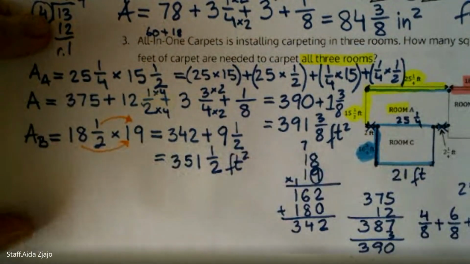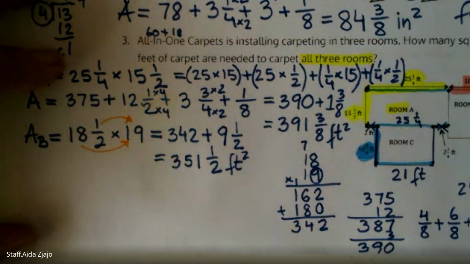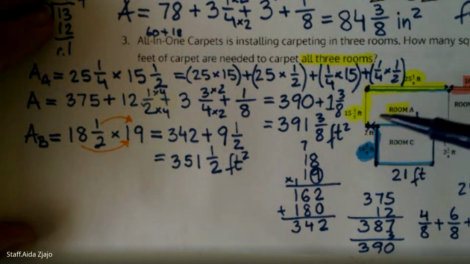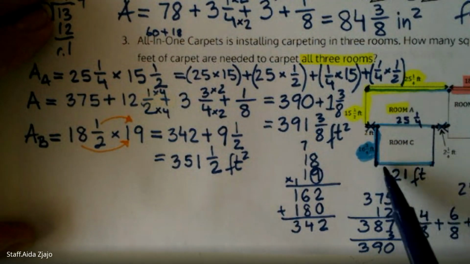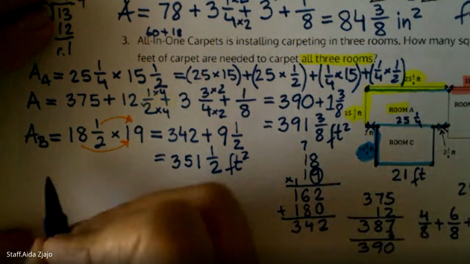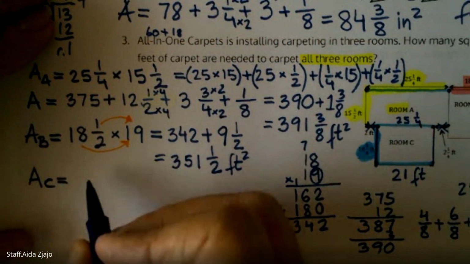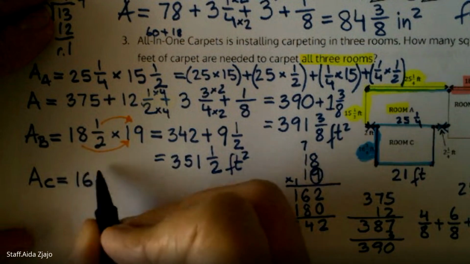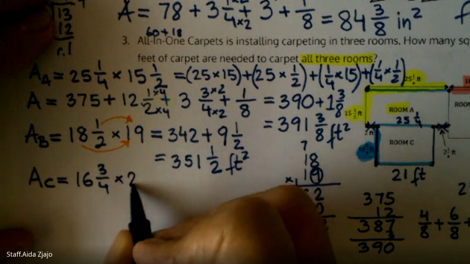Okay, that's B. Now room C, we had a value for 16 and 3/4, and then we found 21. So area of C is 16 and 3/4 times 21.